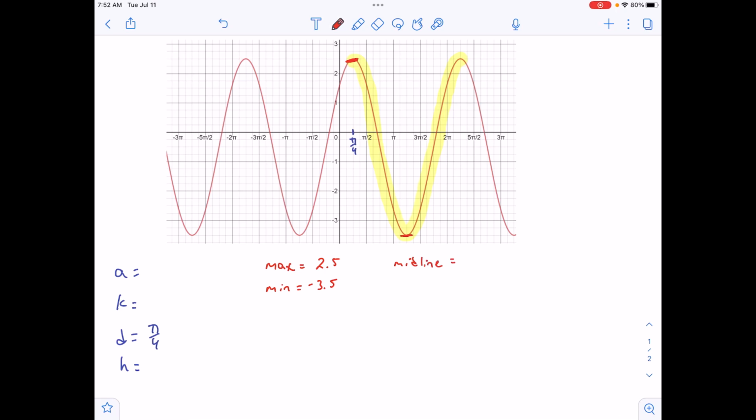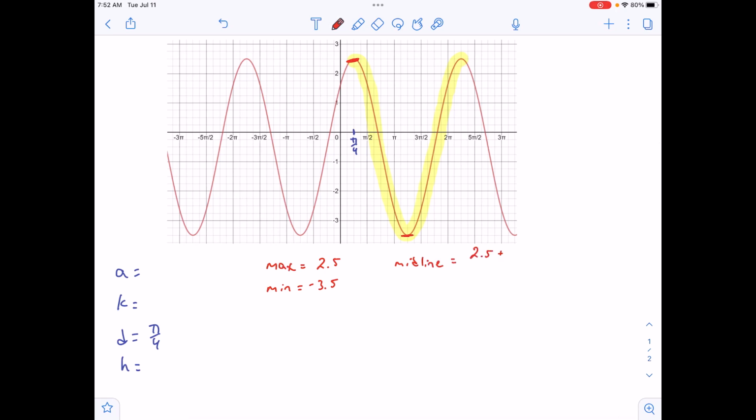Midline is going to be halfway between the two, so I add them and divide by 2. 2.5 plus -3.5 is -1 over 2. So our midline is located at -0.5. I'm going to add that into our graph here. Midline is the same as the h value, so our h value is -1 over 2.